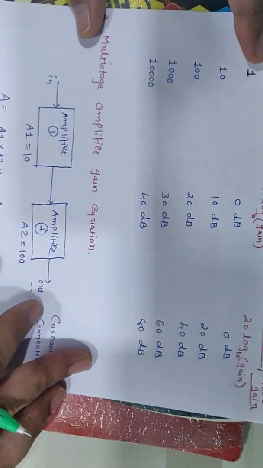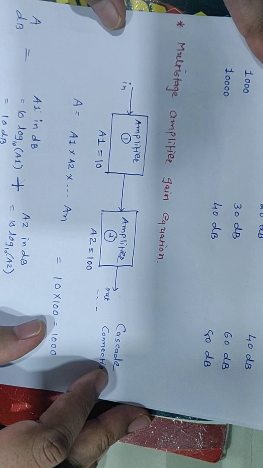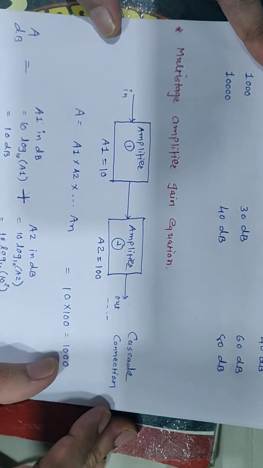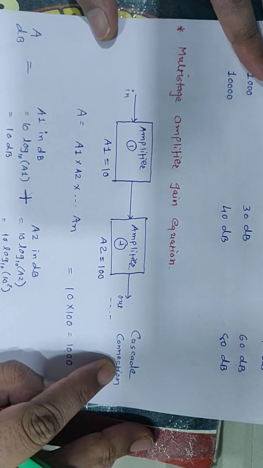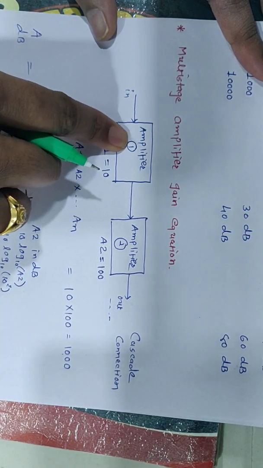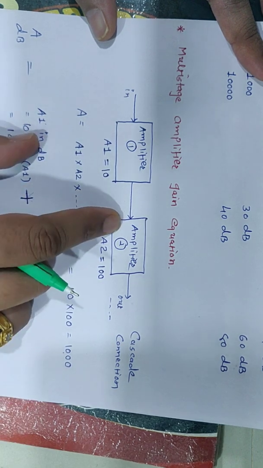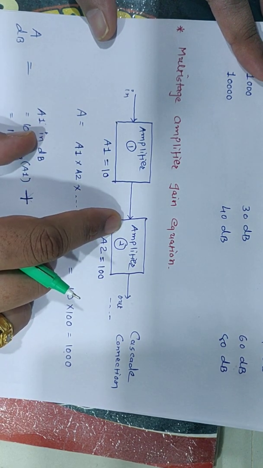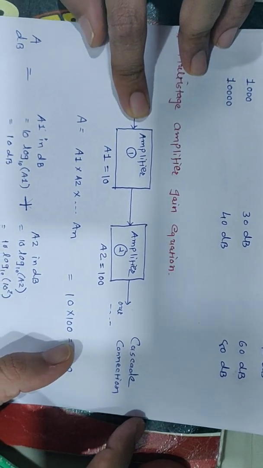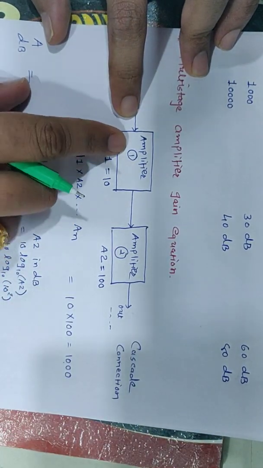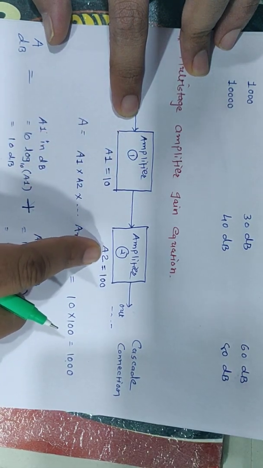Now let us discuss if we are going to connect multiple amplifiers in a cascade connection. Cascade means the output of one amplifier is connected to the input of another amplifier. We have just taken two amplifiers right now, and consider this is amplifier number 1 and this is amplifier number 2.